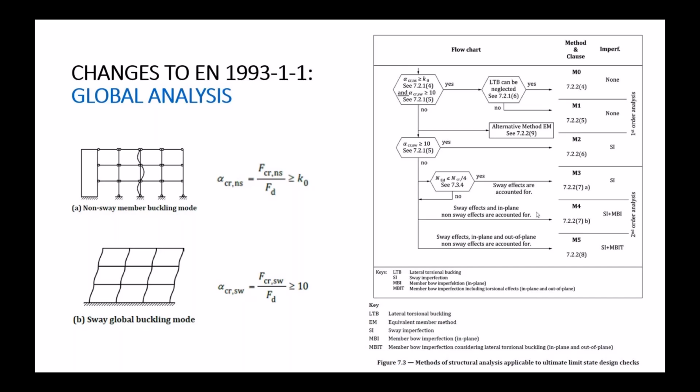I think the biggest change there, because most of these methods actually follow the same logic as they used to, is the addition of a check for the non-sway member buckling mode.